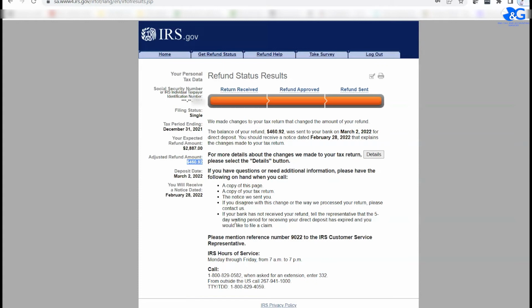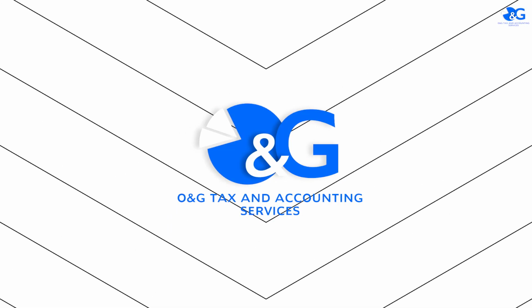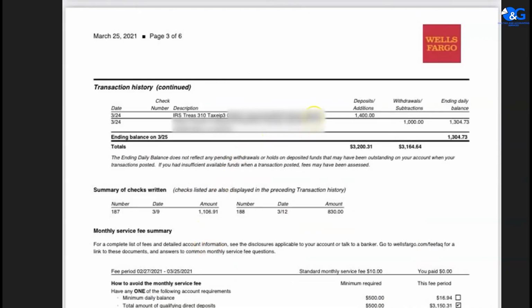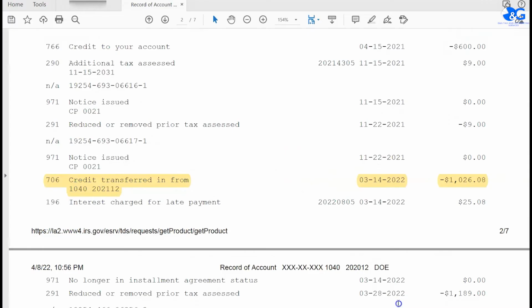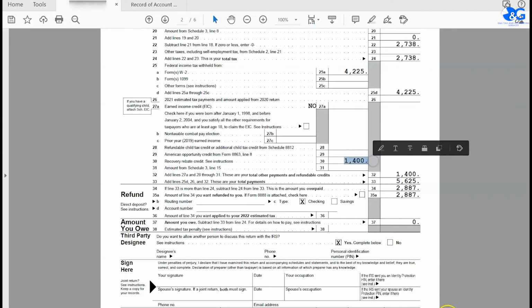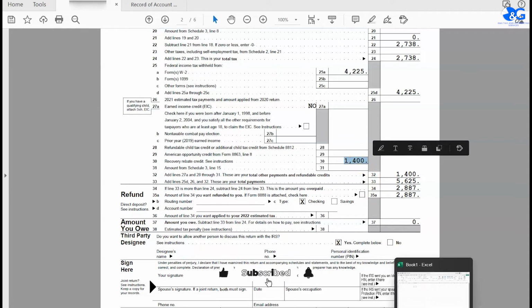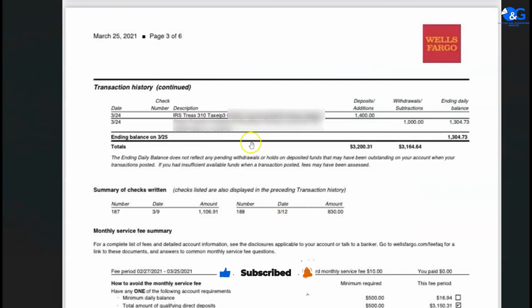And we're still staying with this client. After we went back and did investigation, we will show you how the money showed up in the taxpayer's account. It was right there in the taxpayer's account. So we'll show you real quick. All right, you do remember that I did say that the taxpayer claimed this stimulus check, even though the taxpayer should not have claimed it, because when we investigated, we looked into the taxpayer's bank account.